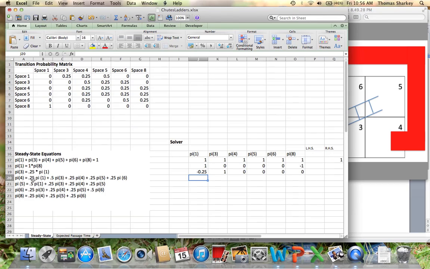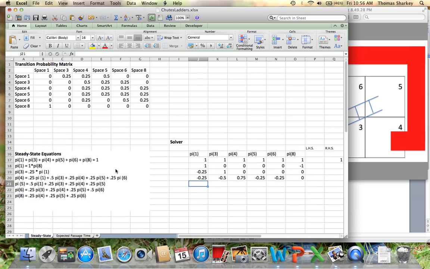For pi of 4, we'll bring everything over to the left-hand side, so we'll have a minus 0.25 for pi of 1, a minus 0.5 for pi of 3. For pi of 4, we'll end up with a 0.75 leading entry, because we have a 1 already on the left-hand side and we're subtracting off 0.25 of that. Then minus 0.25 for pi of 5, minus 2.25 for pi of 6, and a 0 for pi of 8.